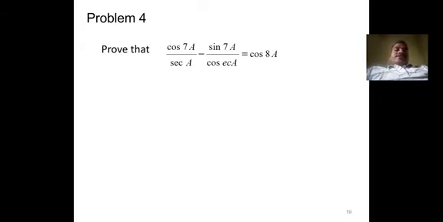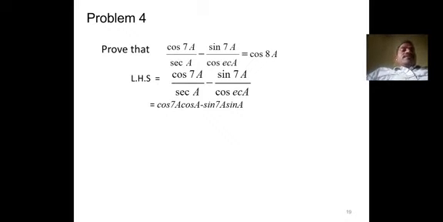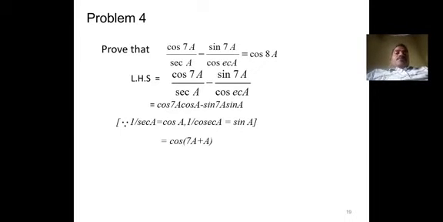Here the denominators are sec A and cosec A. You can write sec A and cosec A in terms of cos A and sin A. So the LHS part is cos 7A by sec A minus sin 7A by cosec A. 1 by sec A is cos A, 1 by cosec A is sin A. Now it is in the form of cos A cos B minus sin A sin B. It is the cos of A plus B formula. So with the help of cos of A plus B, where A is 7A, B is A, therefore cos of 7A plus A, that is cos 8A. This is the RHS part.